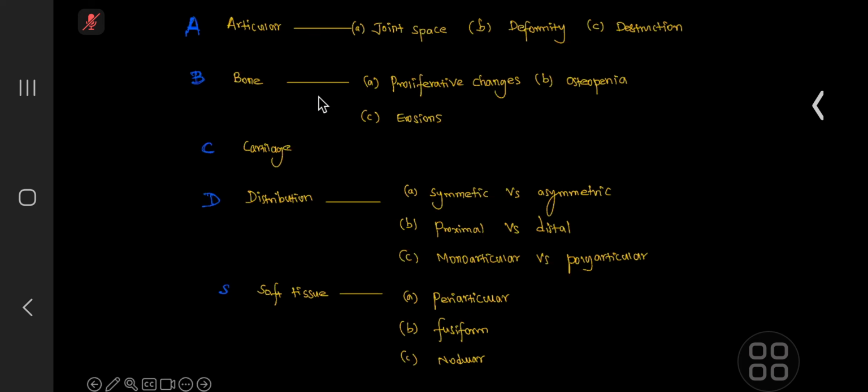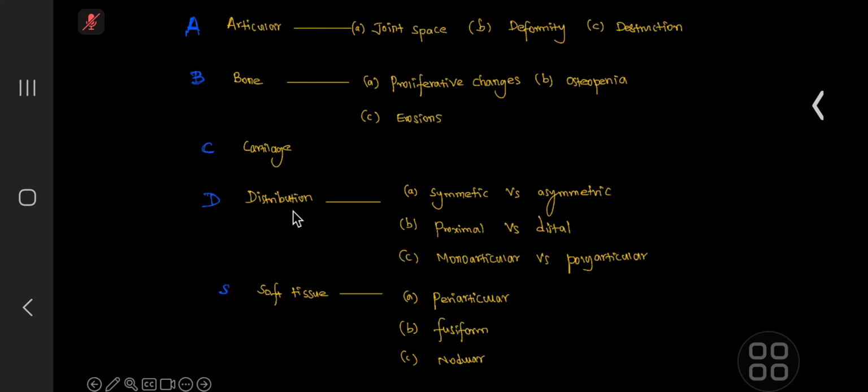Next, look at the bone, for any proliferative changes, and also the bone density, which is very important, if there is any osteopenia, and also erosions. Then look at the cartilage.